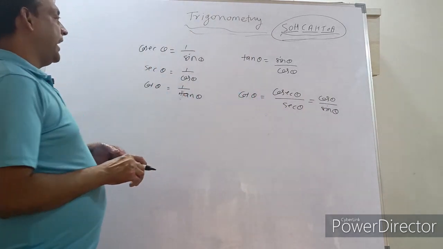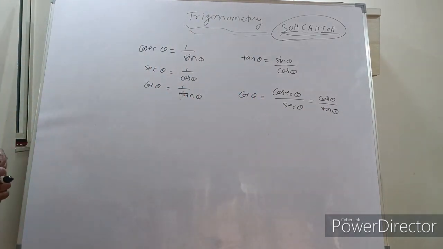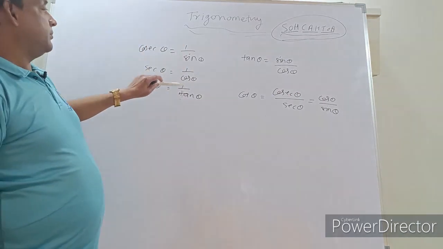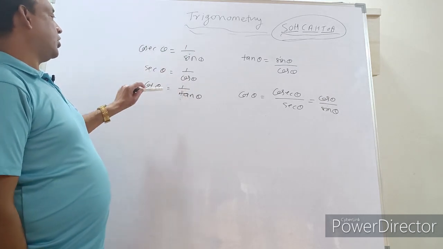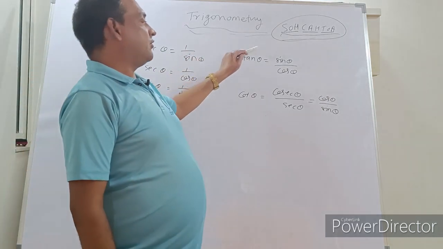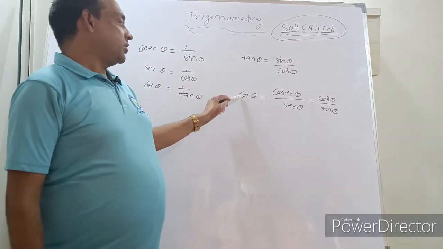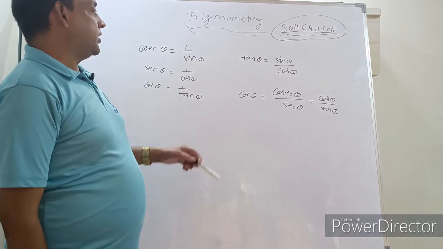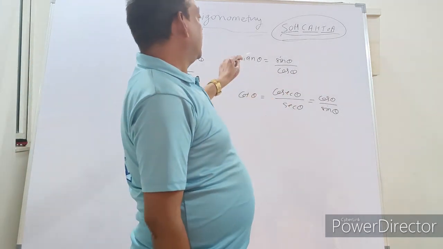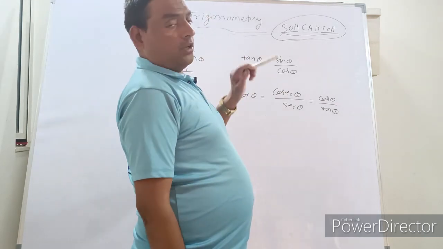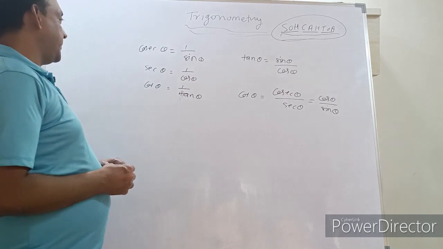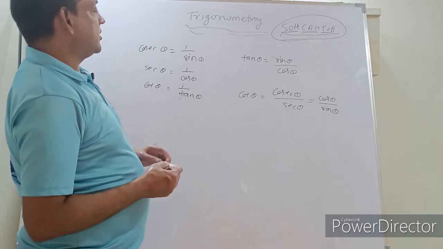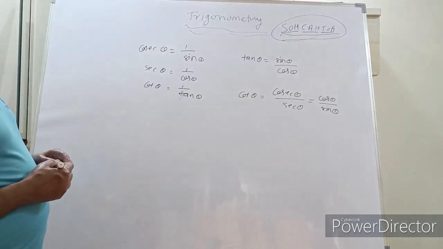So you have to learn this formula by heart, or understand it, because cosec is 1 upon sine, sec is 1 upon cos, cot is 1 upon tan, then tan is sine upon cos, and cot in terms of sine and cos becomes cos upon sine. And if they ask you tan theta in terms of cosec and sec, tan theta is equal to sec theta upon cosec theta. Okay, so we did the basic relations in this.